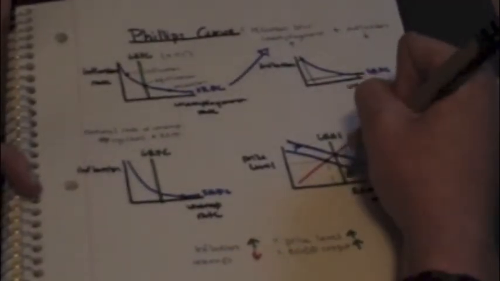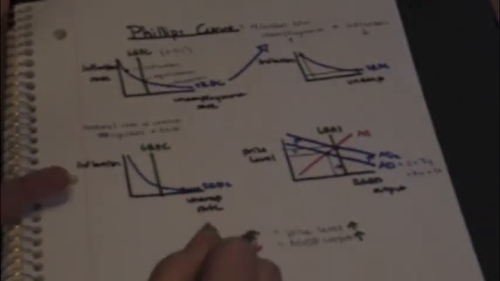Then the real GDP output increases, and that means that our price level increases.